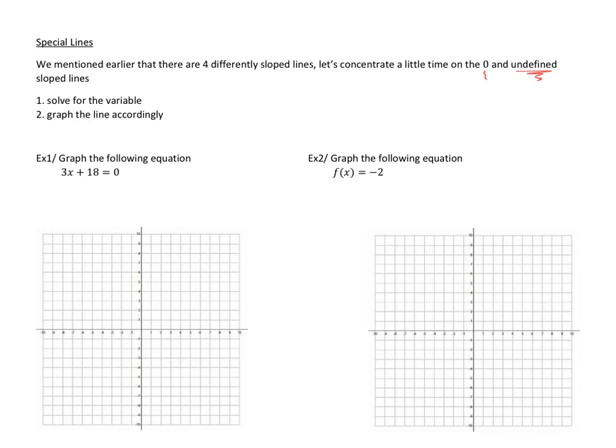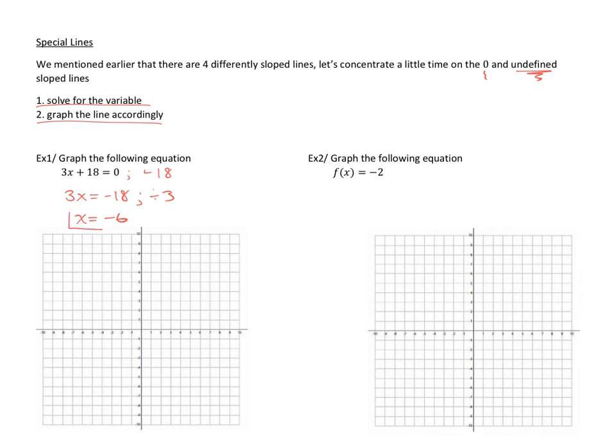We mentioned a little bit about that on a previous page. But in order to graph these linear functions, the first thing you need to do is solve for the variable and then graph the line accordingly. So in example 1, if you subtract 18 from both sides, you'll get 3x equals negative 18. And then when you divide by 3, that gives you x equals negative 6.